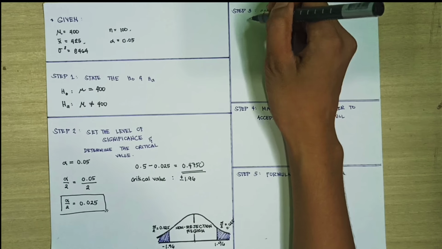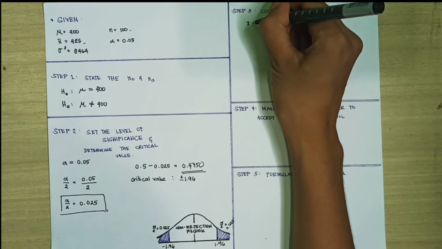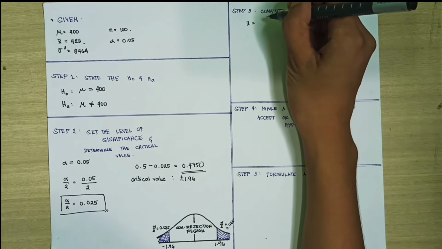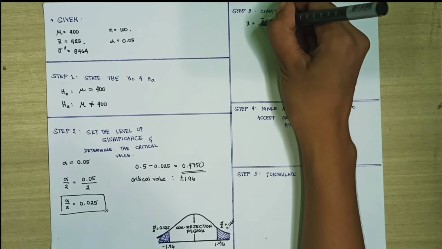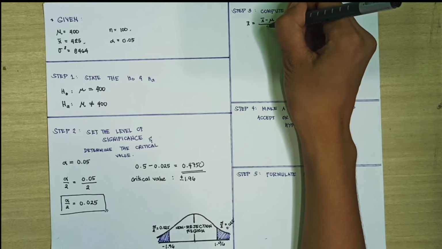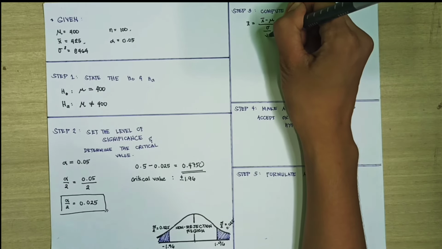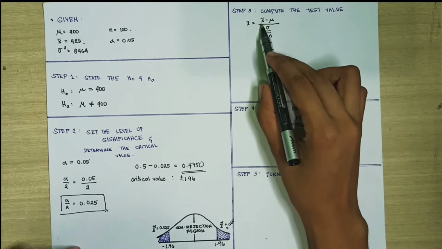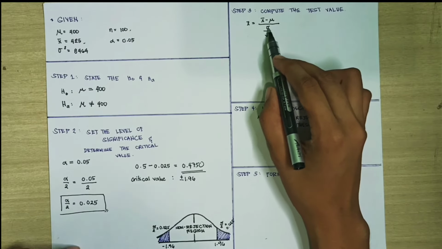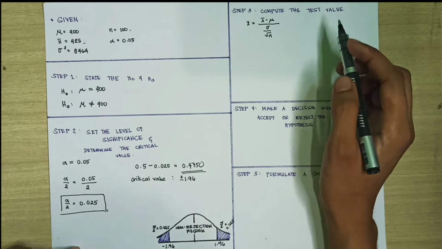So the formula, okay, so ang formula na gagamitin natin dito is Z is equal to x bar minus mu over sigma over the square root of n. Okay? So, x bar minus mu over sigma over the square root of n.